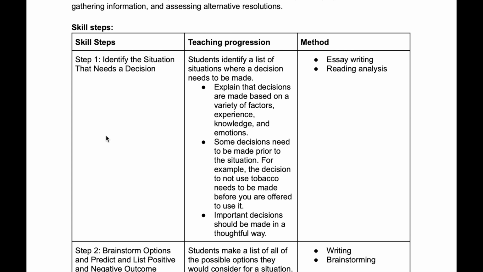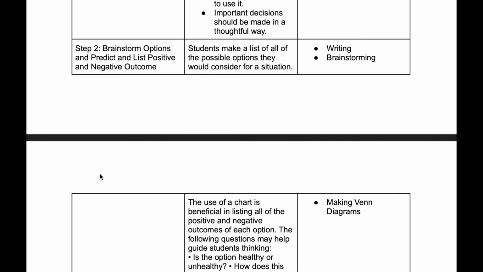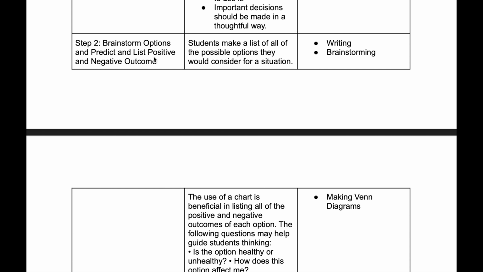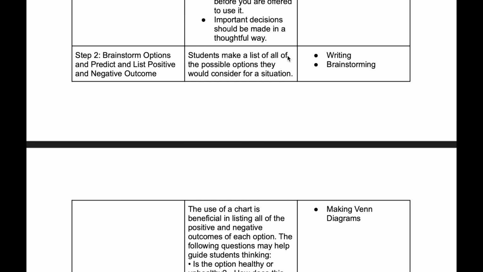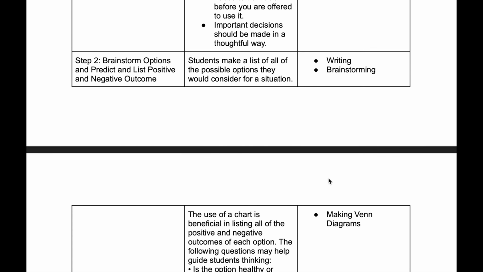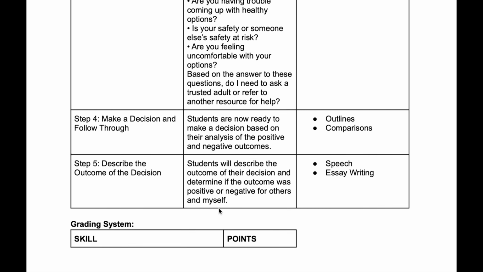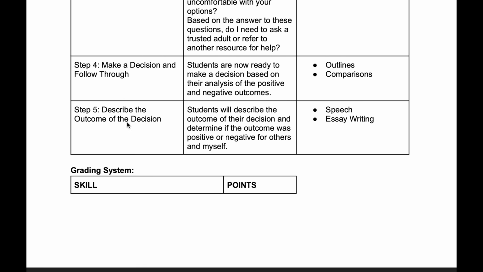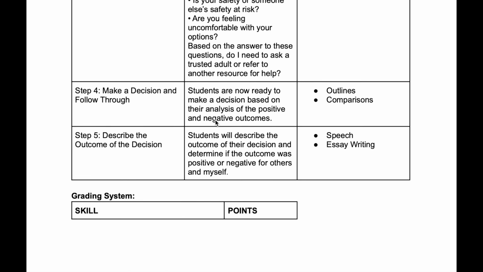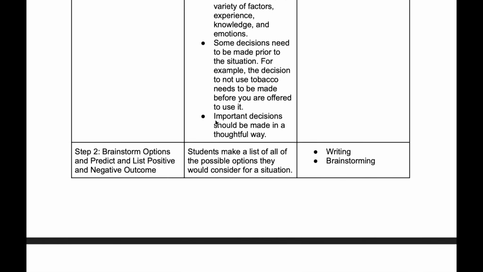Once this is done, the teacher will proceed with the second step, in this case brainstorming options and predicting and listing positive and negative outcomes. And then writing brainstorming and making Venn diagrams are the methods that the teacher can use. So if there are 5 steps in total, then the teacher must do all of them, taking note of each activity.